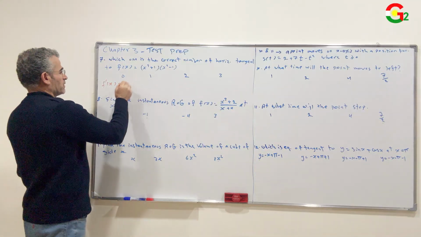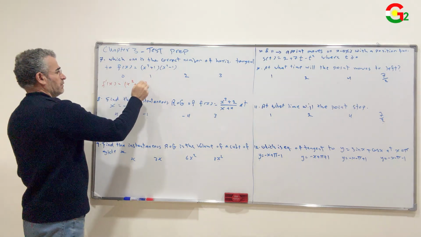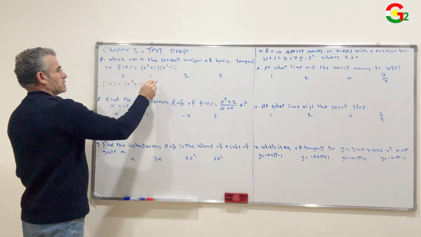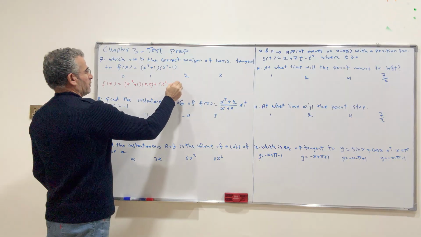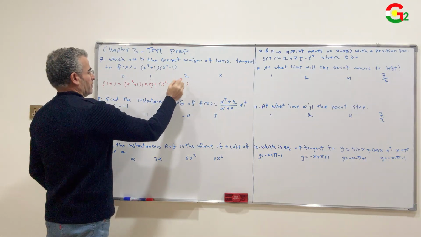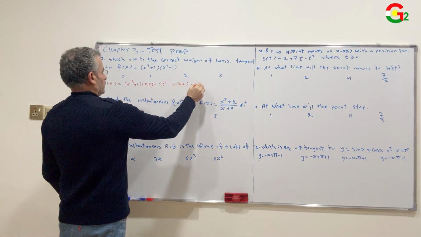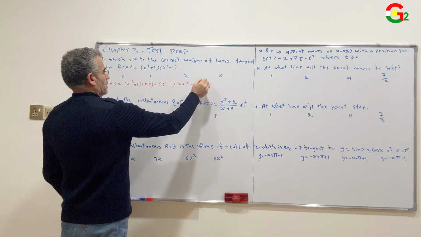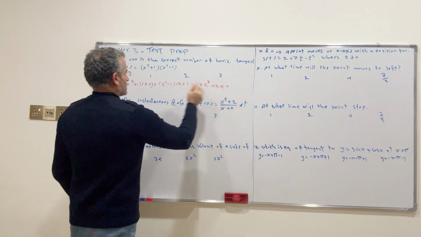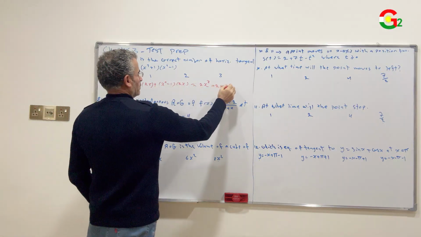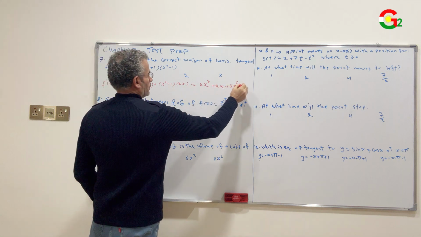The derivative is the first term, x squared plus 1, times the derivative of the second, plus the second bracket times the derivative of the first, equal to, opening the brackets, 2x cubed plus 2x plus 2x times x squared, 2x cubed minus 2x.